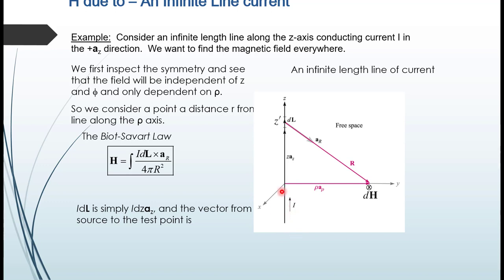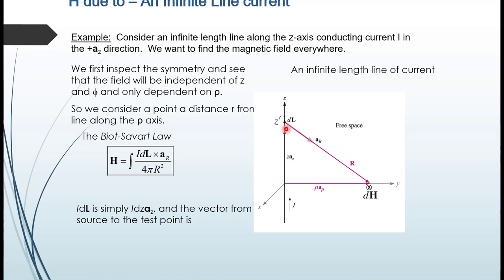Let capital I be the current flowing through that wire. Consider a small element dl at point z dash on the z axis, and let us find the intensity in the xy plane, somewhere here. This I dl will be the current element.